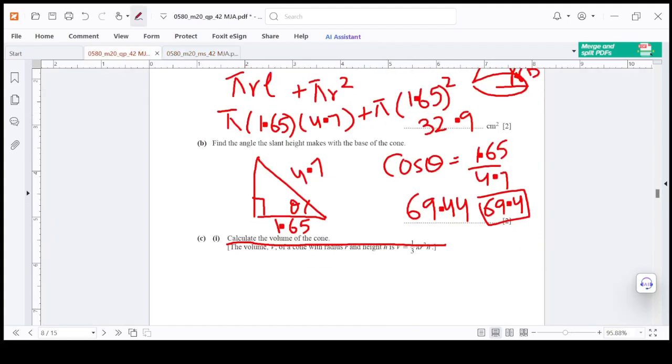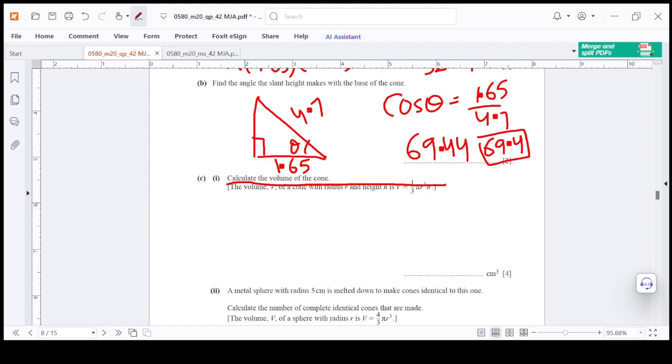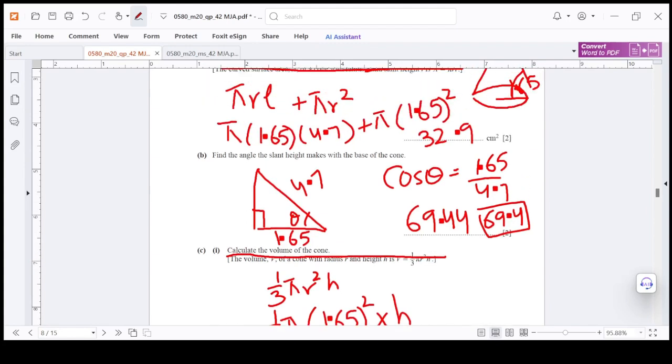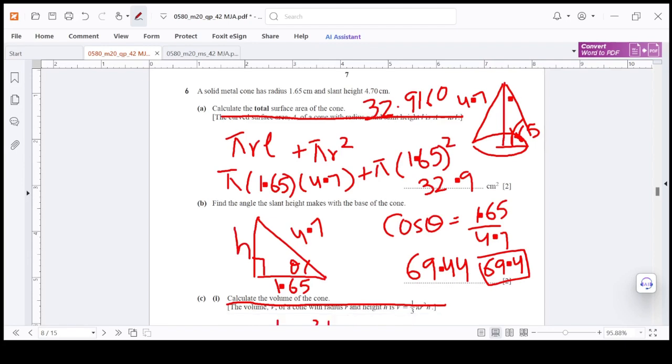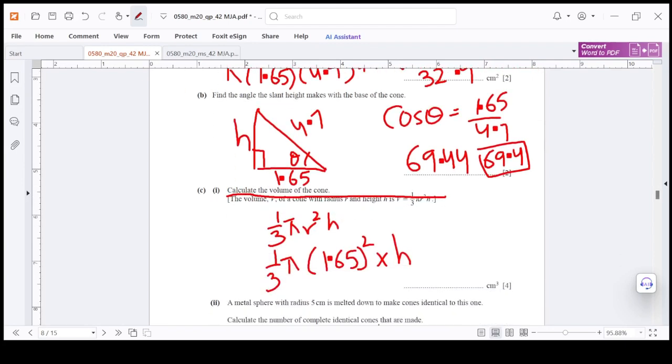Calculate the volume of this cone. Again, the formula sheet will tell you that the volume of a cone is 1 by 3 pi r squared h, so 1 by 3 pi radius squared times height. Where do we get the height from now? Height is this length in this triangle, which we can find using Pythagoras theorem easily.